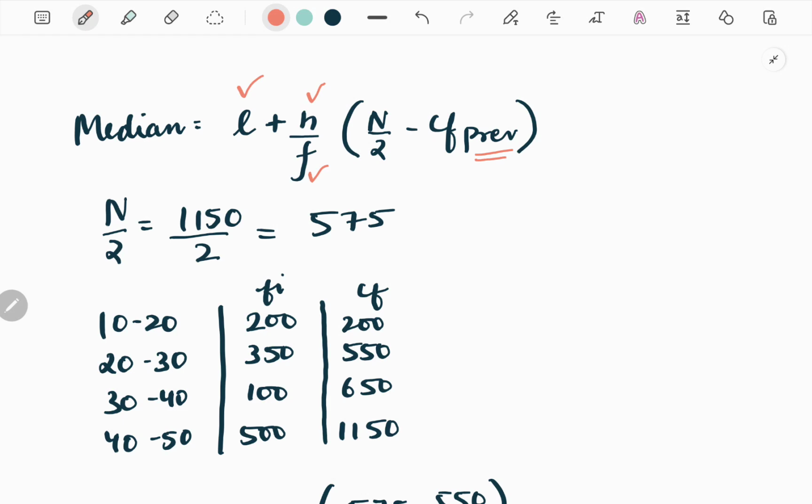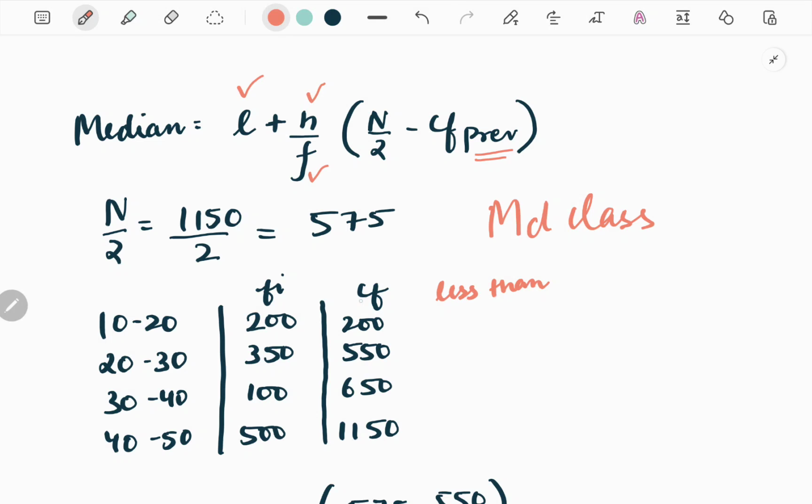Firstly, we will need to identify what our median class is. The median class is identified by taking n divided by 2, which comes out to be 575. Now the next step is to create the cumulative frequency. Here we are creating a less than cumulative frequency, right? So cumulative frequency is simply summing the frequencies as we move ahead.